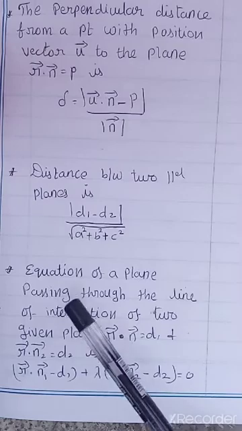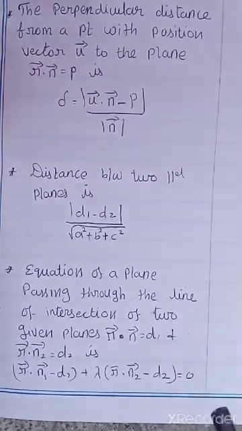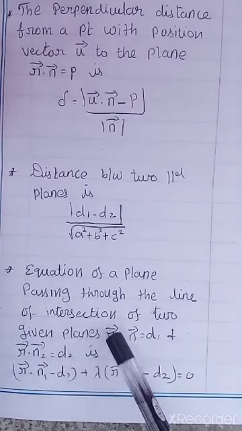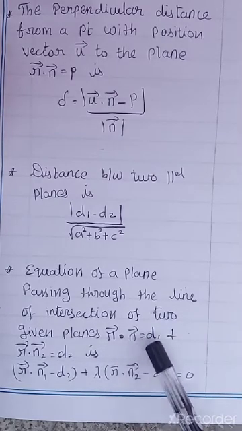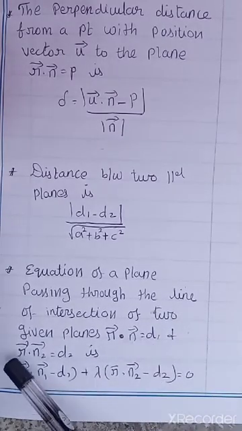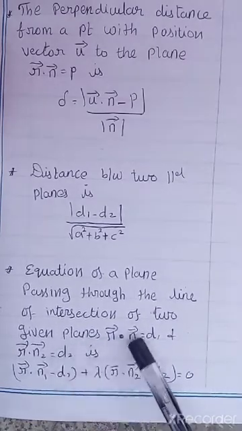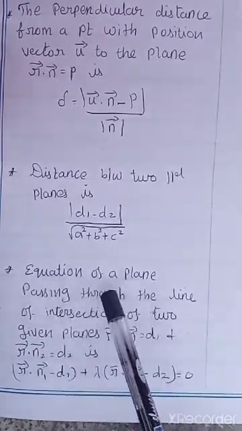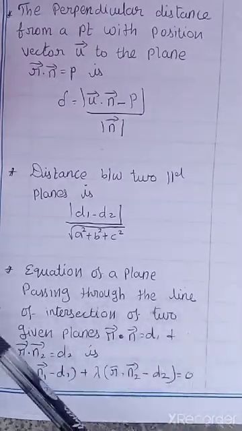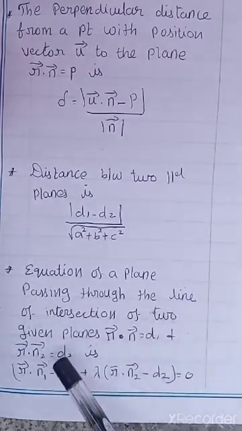And next is your equation of plane passing through the line of intersection of two planes. So here two planes are given, r dot n1 equal to d1 and r dot n2 equal to d2. We are going to find the equation of the plane passing through the line of intersection of these two planes.